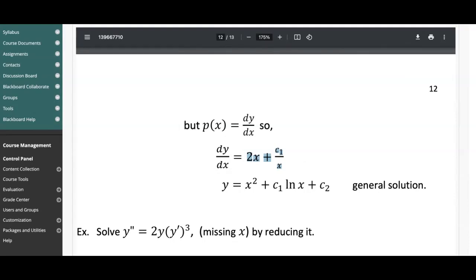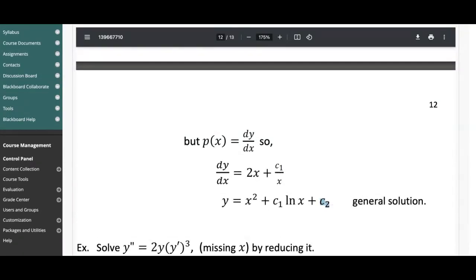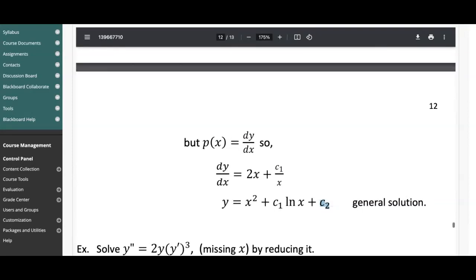So we integrate both sides. We integrate dy dx, we get y. We integrate 2x, we get x squared. We integrate c1 over x, we get c1 ln x, then plus another constant. So we have this general solution. Does anyone have any questions?